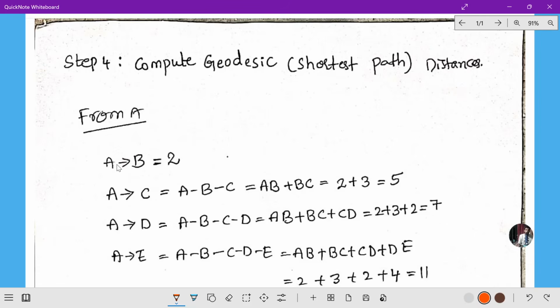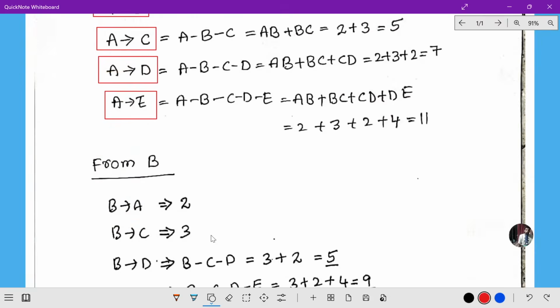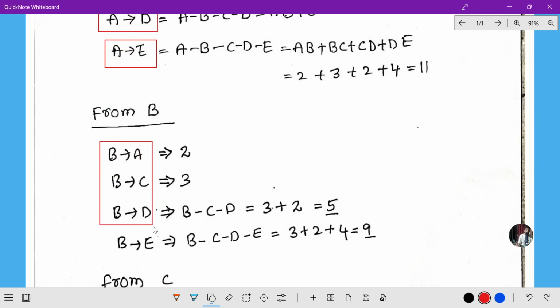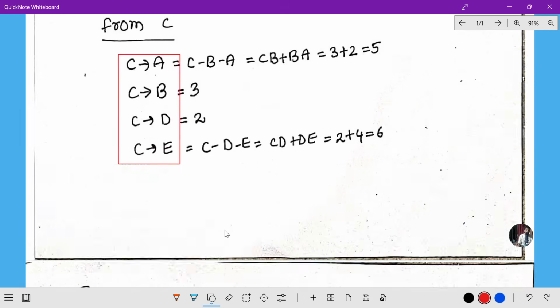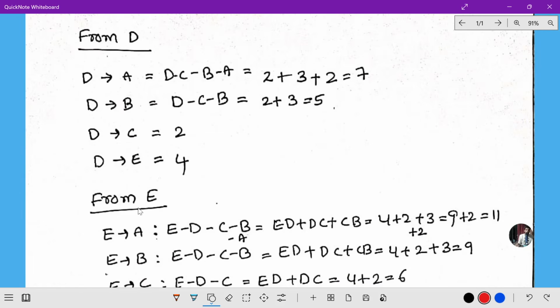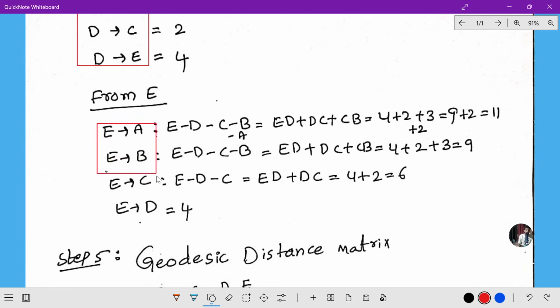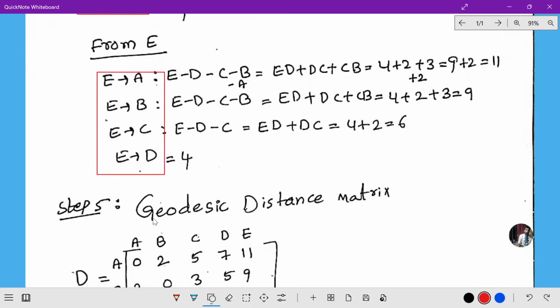So from path A, we are going to take the value as A to B, then A to C, A to D, A to E. So we'll take the value of B: B to A, B, D, C; C to A, B, D, E; and from D, we'll take all of these A, B, C, E; and from E, A, B, C, D.